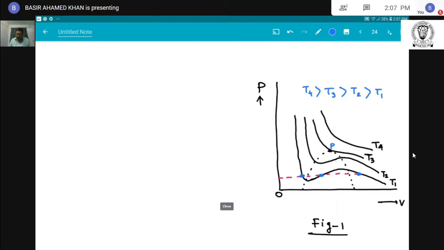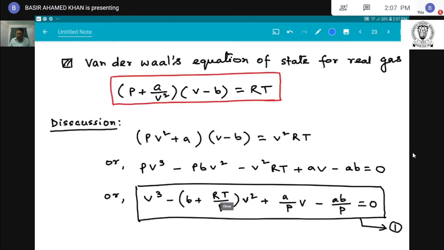This is the plot of equation 1. If I plot equation 1, we get 3 roots of V for a particular temperature and particular pressure. Now from this isothermal, we see that there is no horizontal portion.